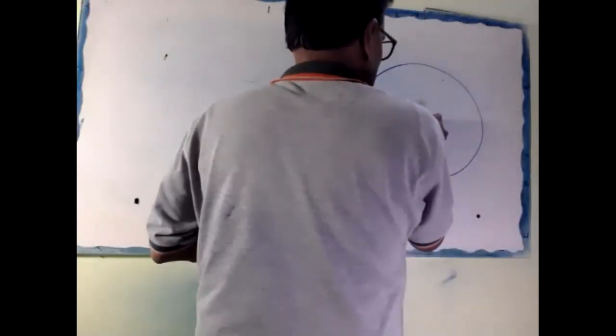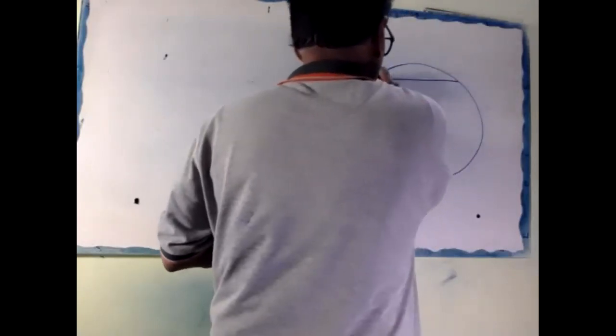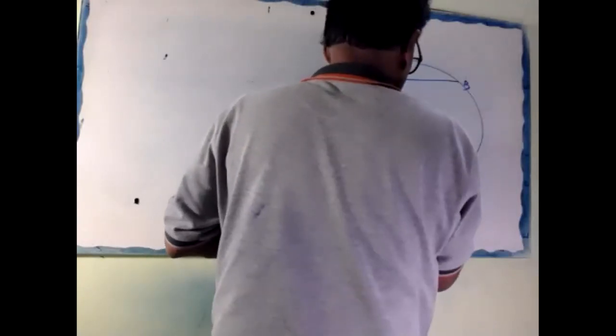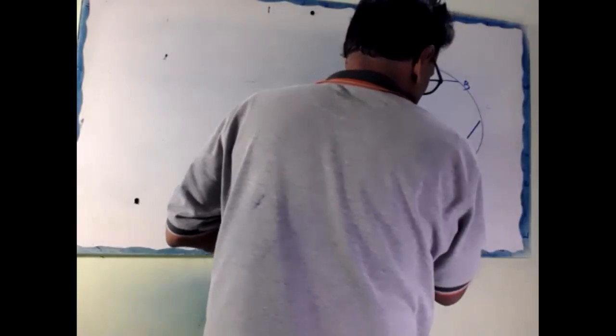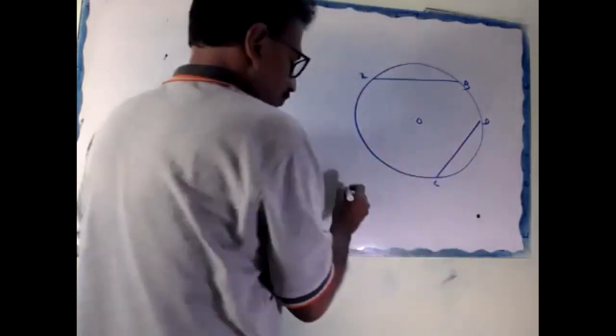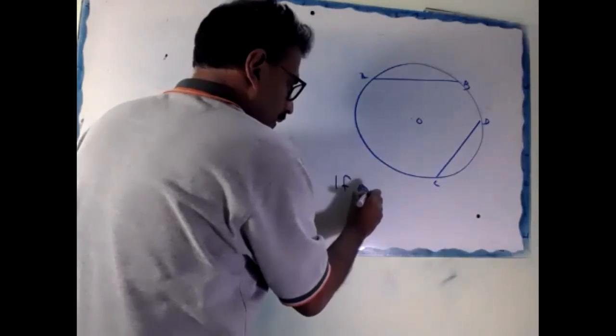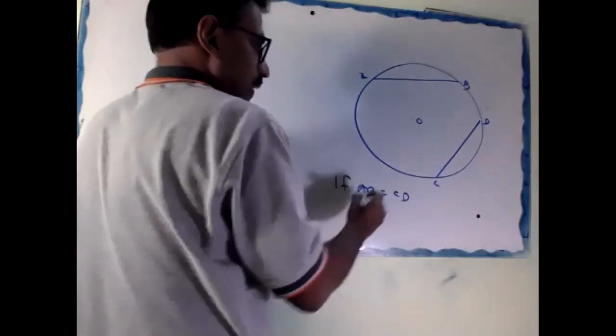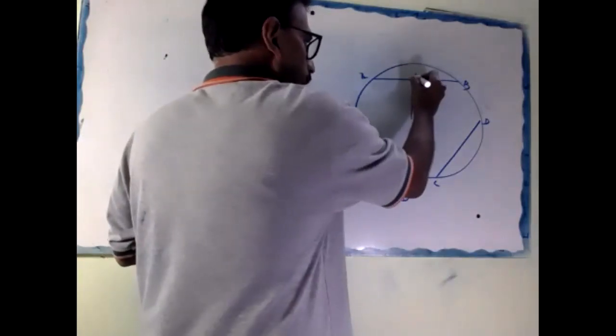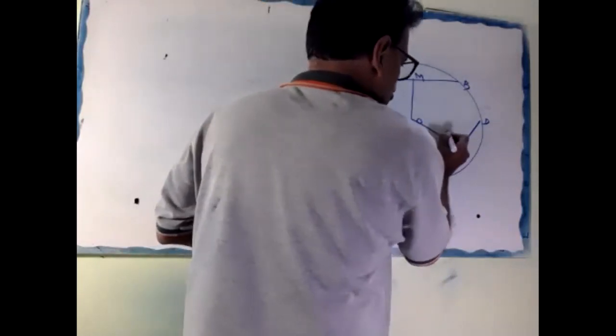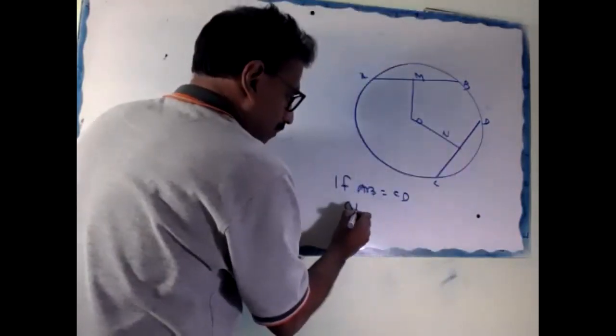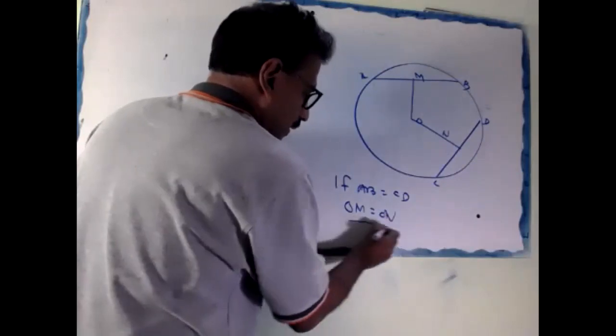Look. Here two chords, AB and CD. If AB equal to CD, then distances OM and ON are equal. OM equal to ON. Write this one.